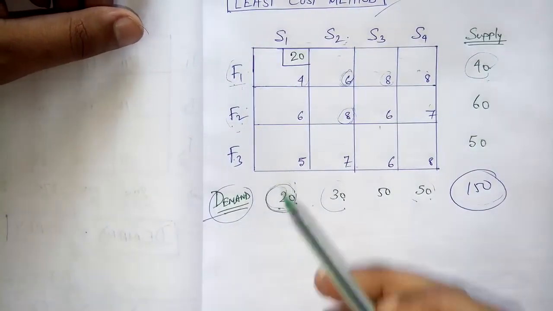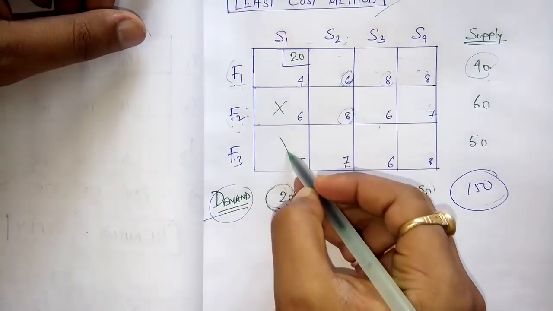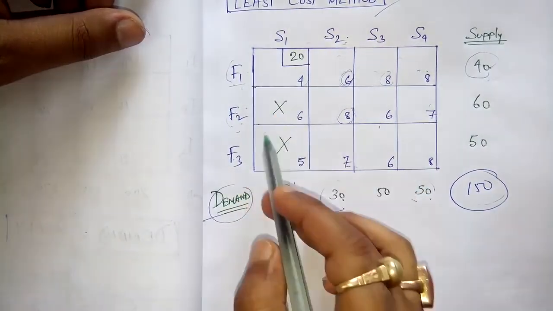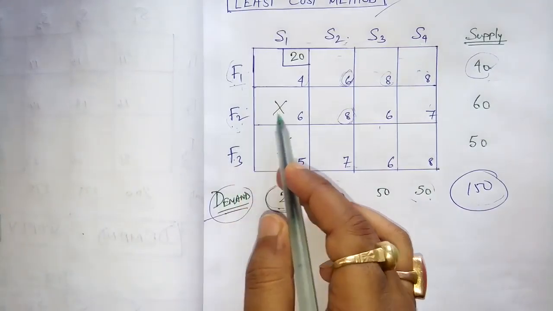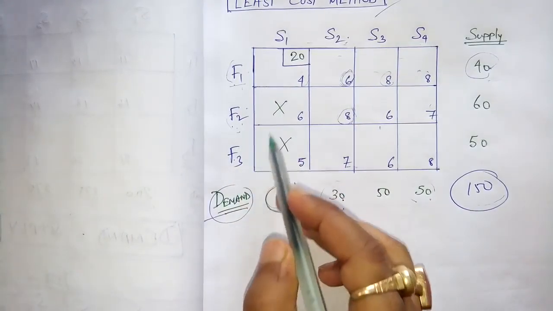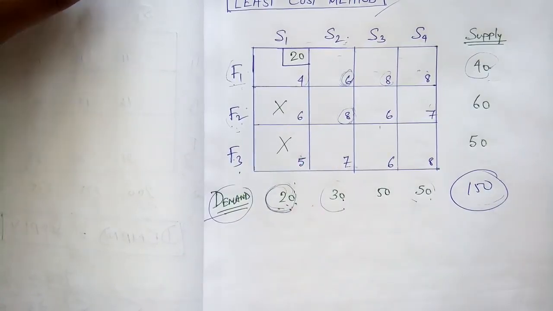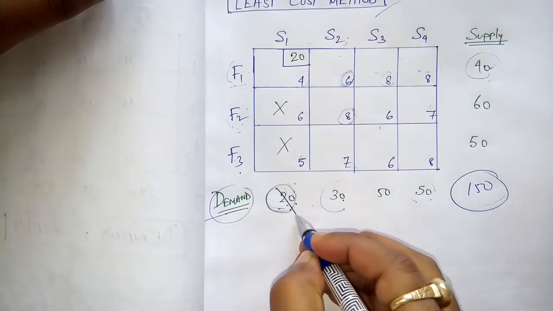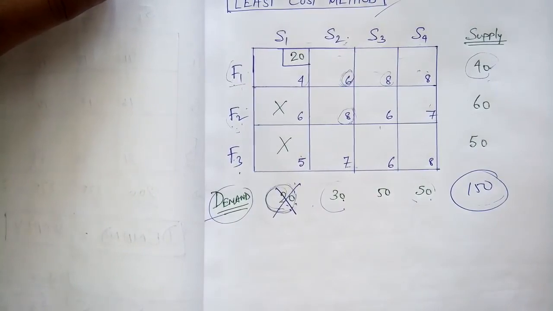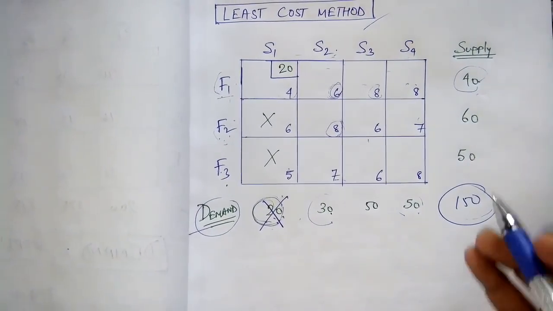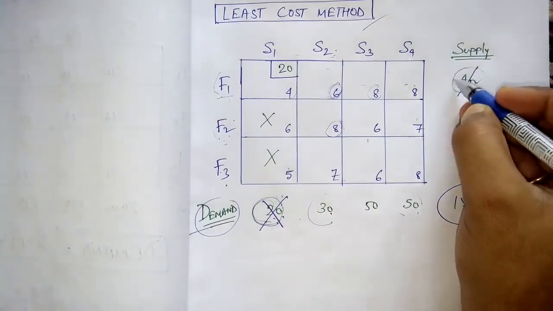Okay, and these boxes I will cross. Why? Because since the demand is already fulfilled, I will not supply any good from factory 2 to store number 1 and from factory 3 to store number 1. Okay, and also don't forget to write the balance.